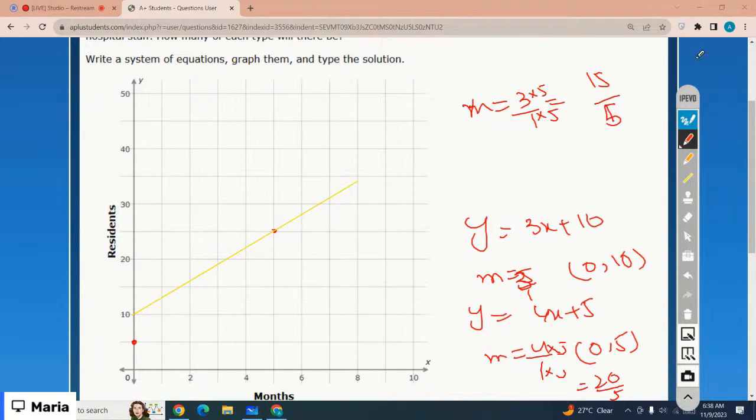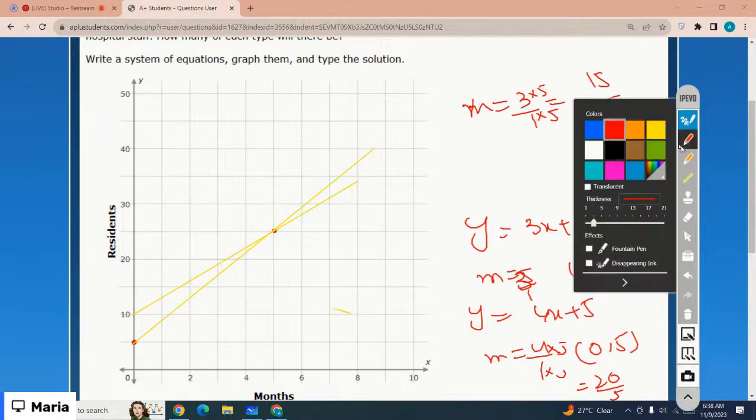That is basically the point of intersection of both the lines, right? This is the point of intersection, and the point of intersection is x equals 5 and y equals 25. The solution of the system is x equals 5 and y equals 25.